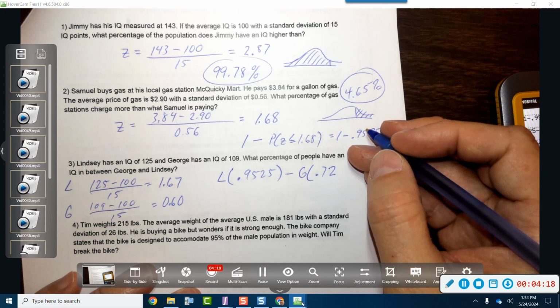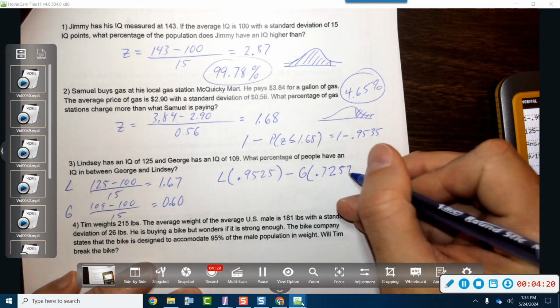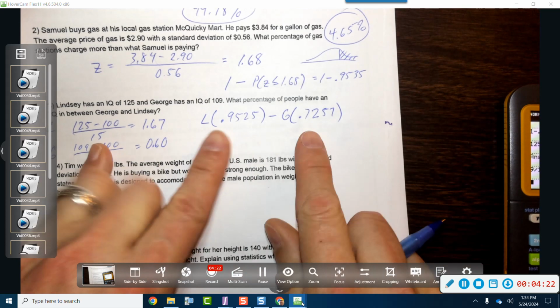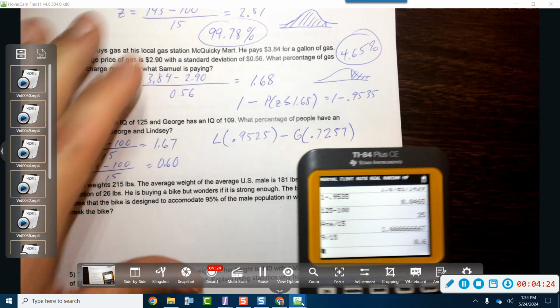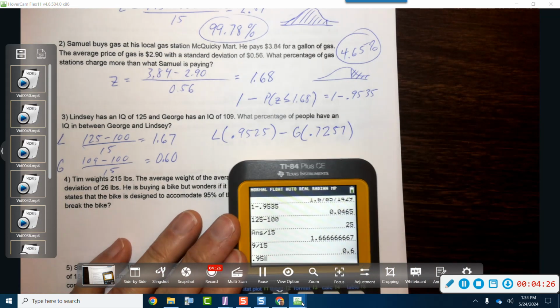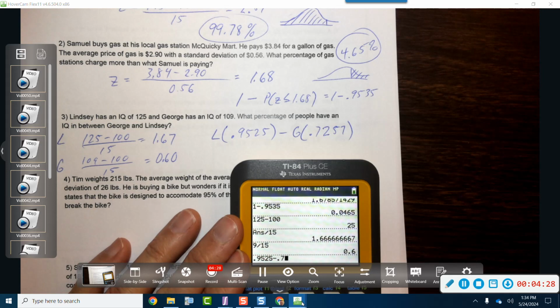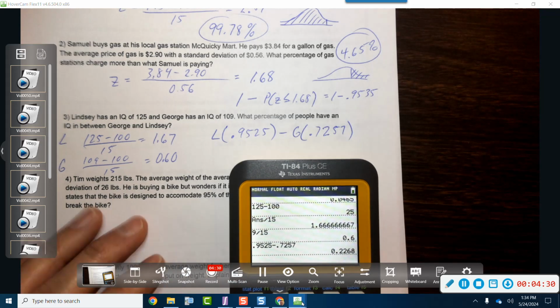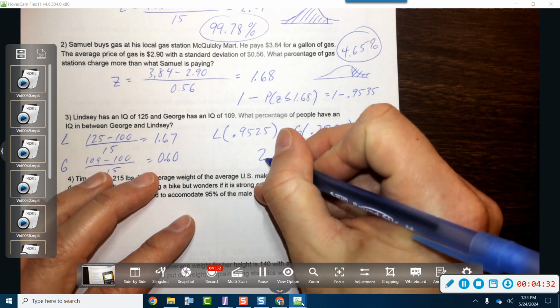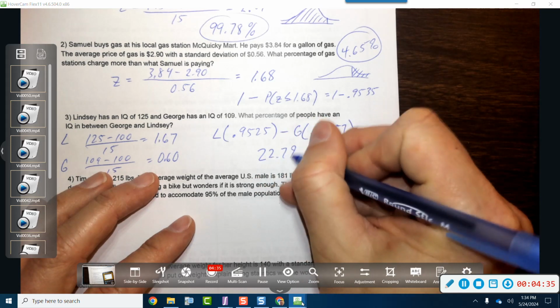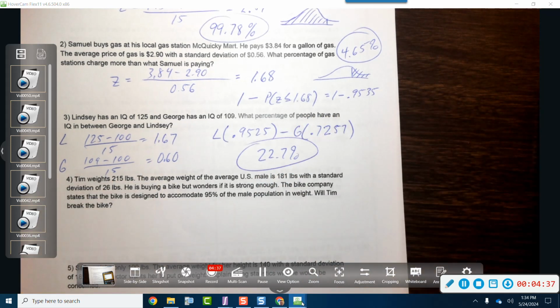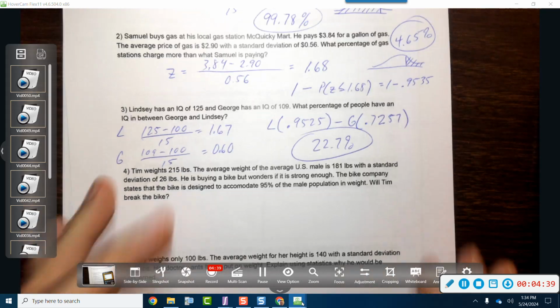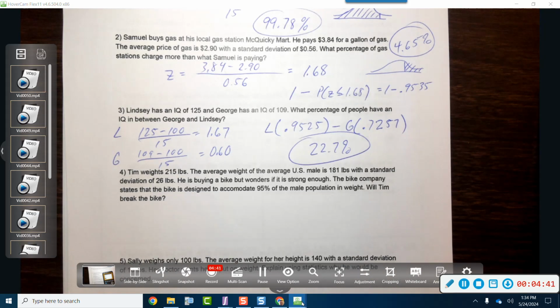This will give me what percentage scored in between: 0.9525 minus 0.7257. So it looks like about 22.7% scored in between them, about a little over a fifth of the population.